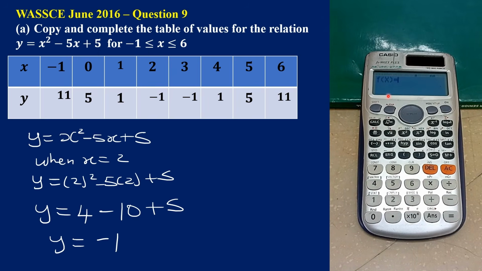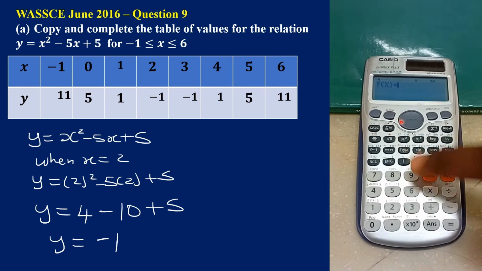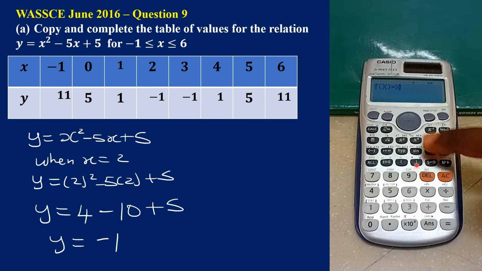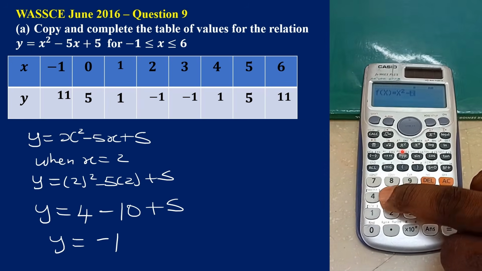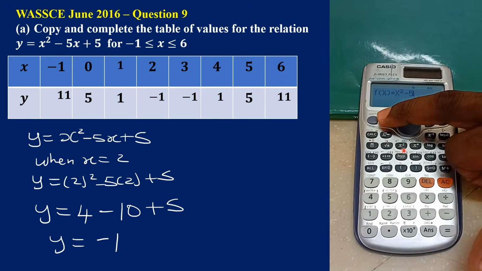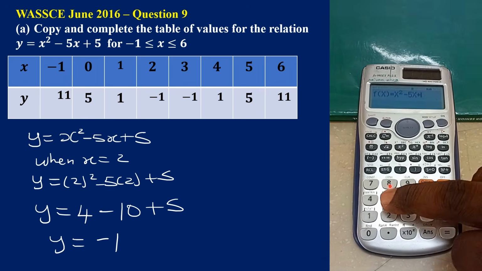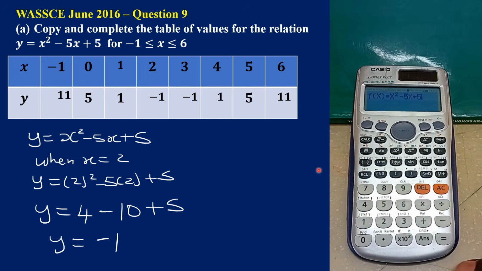X squared, you press alpha before you can get the x, and you square it, minus 5 alpha x, then plus 5. Then you press equal to.